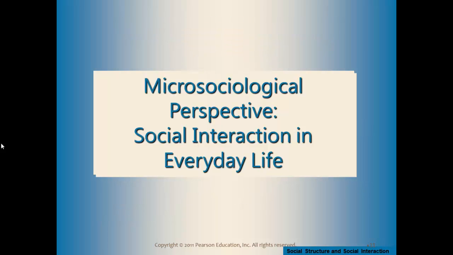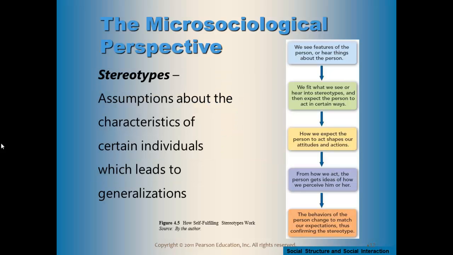So now we move on to the microsociological perspective. If conflict theory and functionalist perspectives were associated with macrosociology, this is the one that focuses upon social interactionist or structural interactional theory. And in the microsociology perspective, first of all, there's some concepts here that are worth looking at.